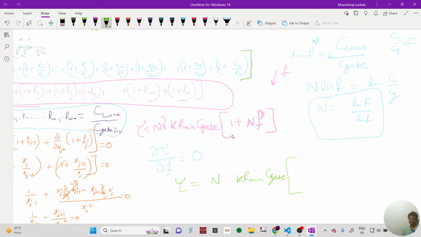Like what I'm trying to say, gamma is multiplied by n, right? So let's take this inside, and f, right? You got it, right? This is n gamma. If I take this gamma inside, perfect.